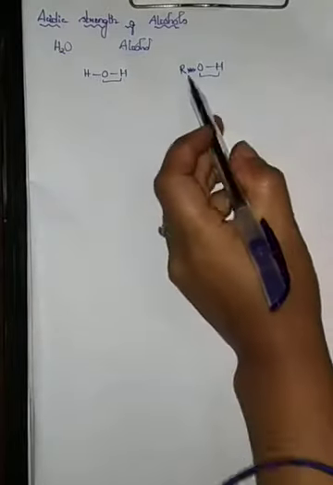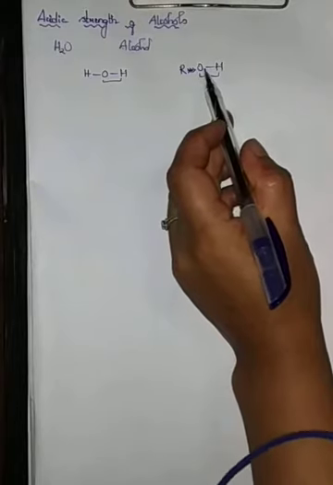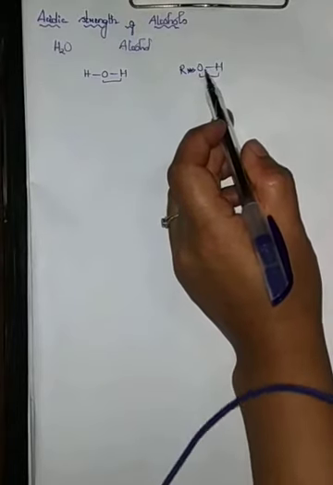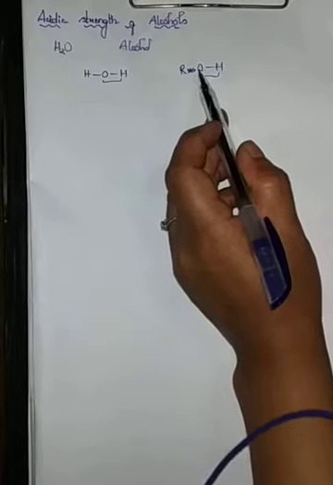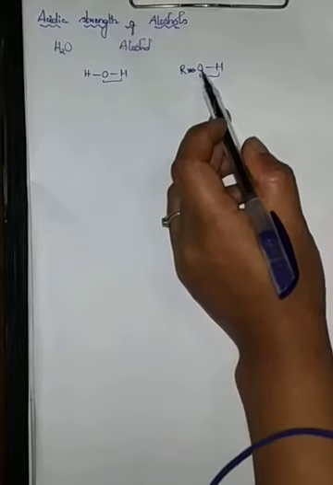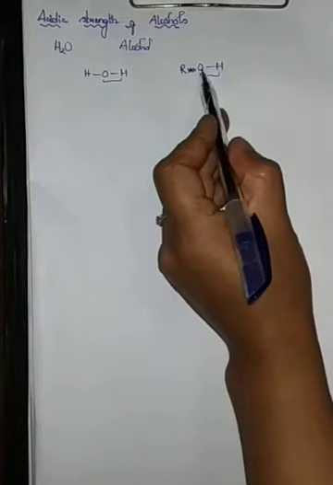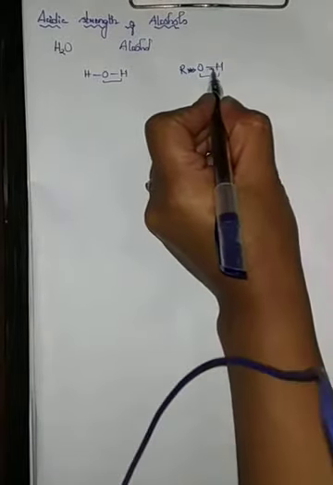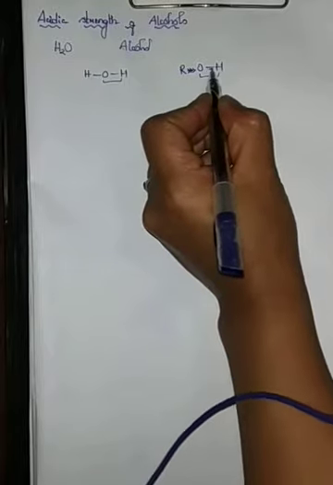Therefore, the presence of these alkyl groups in alcohol increases the electron density at the oxygen atom, and as a result, oxygen in alcohol shows a lesser tendency to withdraw electrons from the hydrogen atom.